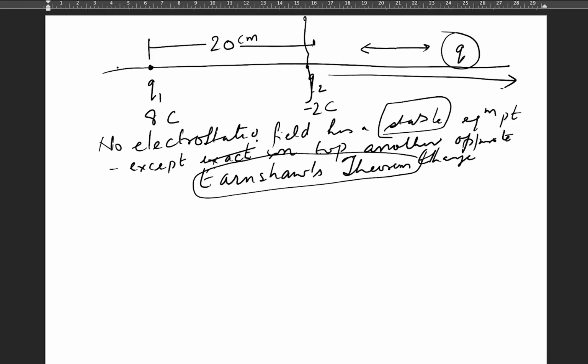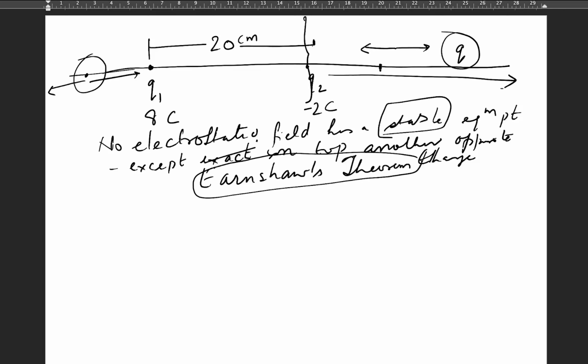Let us see whether it can exist on this side or not. Let us say at this point, this will repel here, and this charge is going to attract here. So it may be possible that there is an equilibrium point available here. So let us try to solve this.